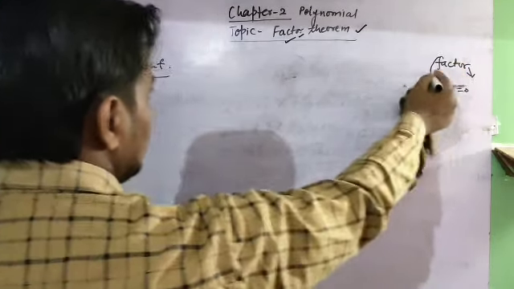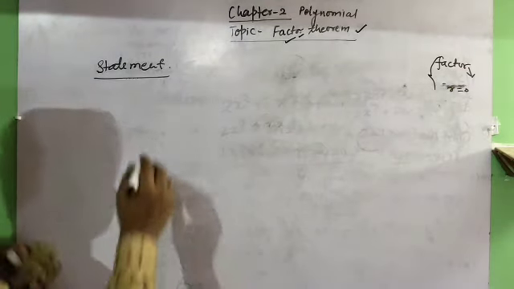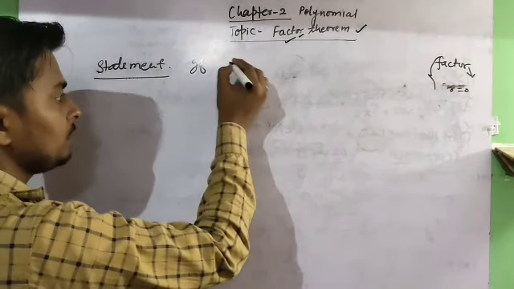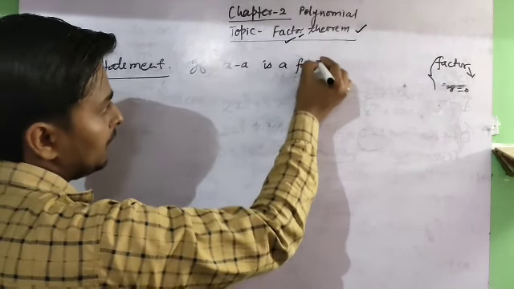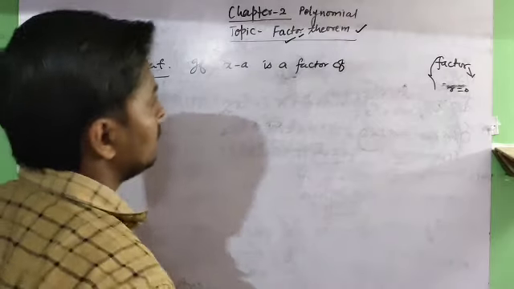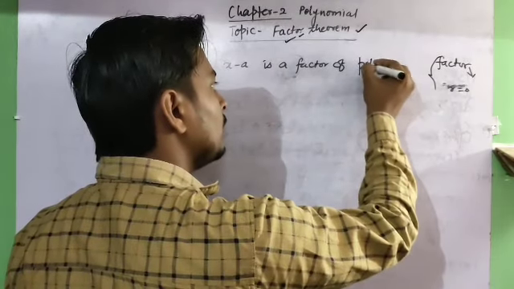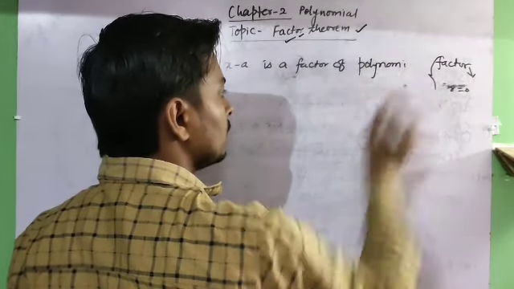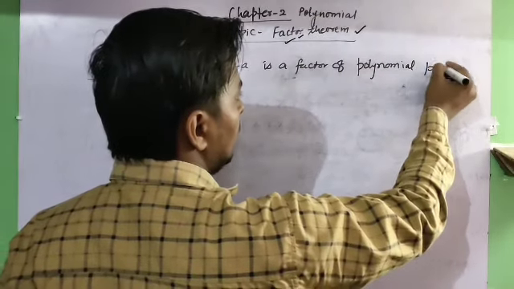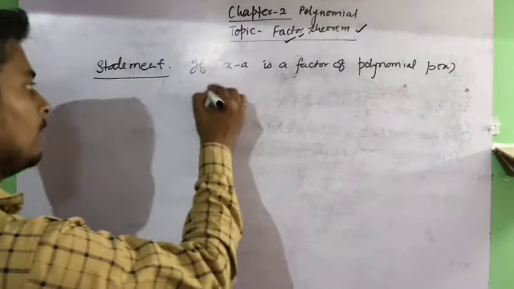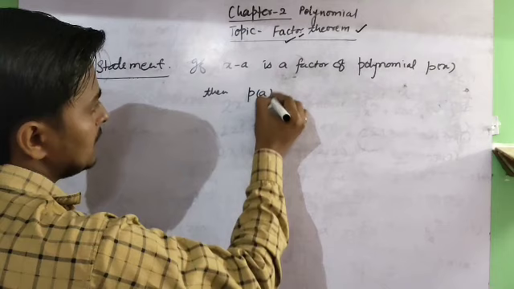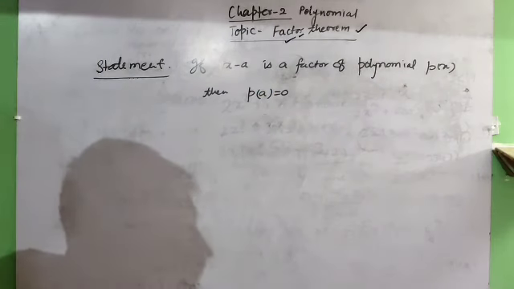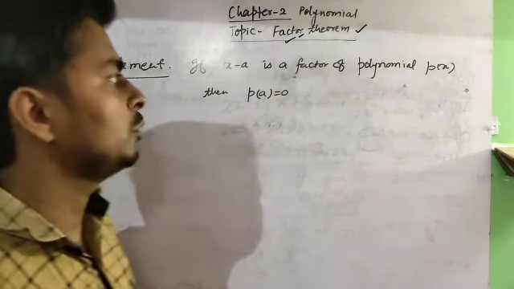So combining these 2 points, we will say that if x minus a is a factor of polynomial px, then pa is equal to 0.